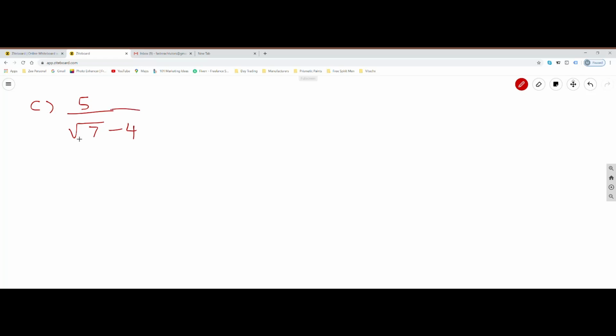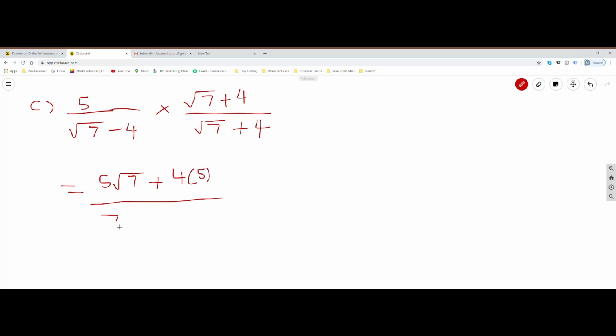So since you see this as two terms, we have to multiply by the conjugate, which is square root 7 plus 4 over square root 7 plus 4, equals 5 square root 7 plus 4 times 5 over 7 minus 16.